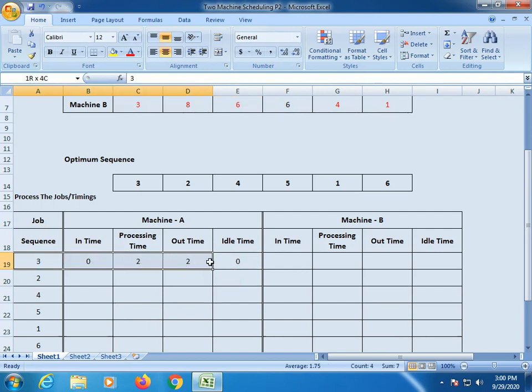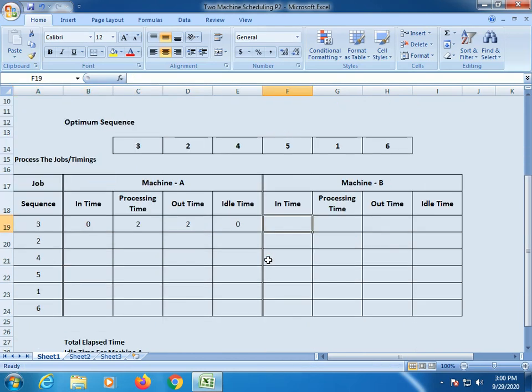After performing the first job on machine A, we have to forward this job to machine B. But first I process all the jobs, whatever jobs we have, on machine A. Here we have completed job 3 on machine A. The out time of the present job is 2 hours.